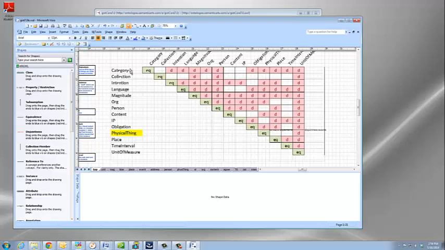Categories, which are taxonomies; collections; intentions, which are goals; languages, both human and computer languages; magnitudes, which is how we measure things; organizations; people; content, including documents and audio, things like that; intellectual property, which is abstract from the content; obligations, which is a key thing for most business systems.